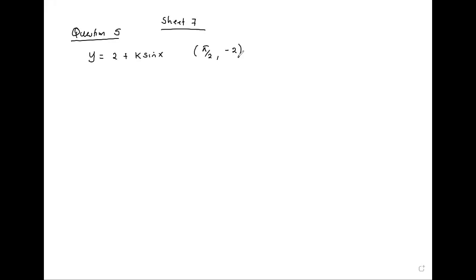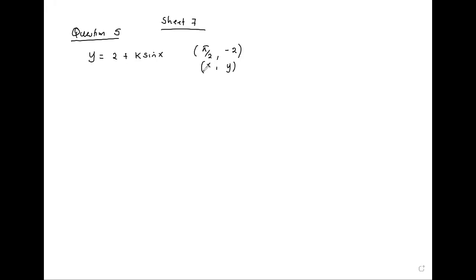So our task is to find k, and also we should find the greatest value of y. So let's find k. Whenever you are given a point, this is x, comma y. What does it mean?